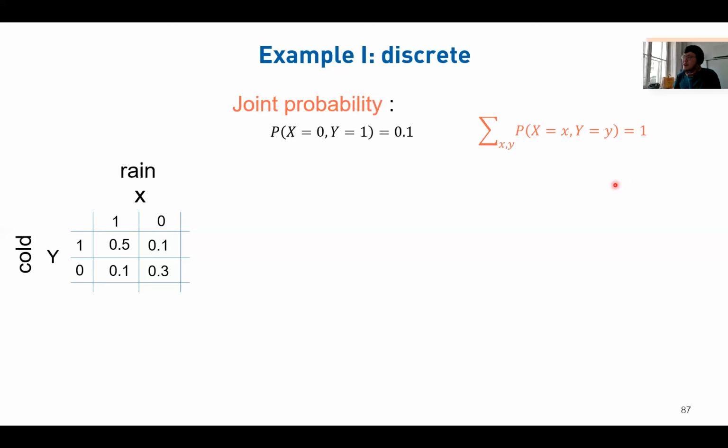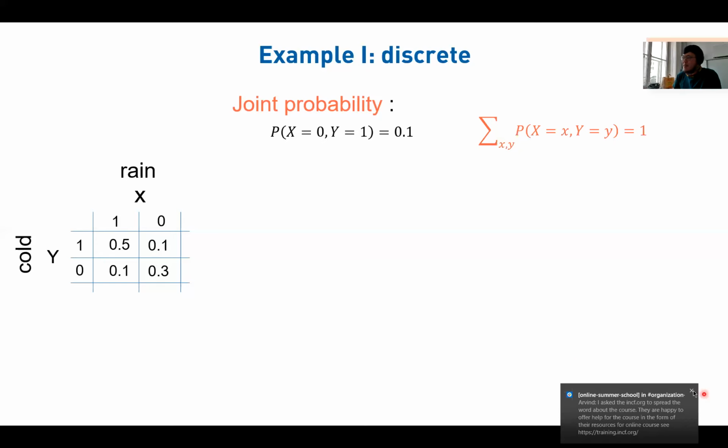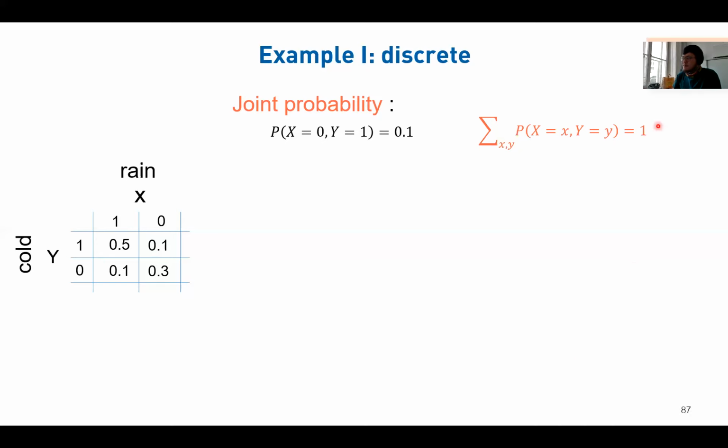First of all, forget about the sum part; this is the joint probability, okay? In our simple case, we only have four possible outcomes, and the sum is 1. So this obeys the property of probability we introduced at the very beginning.